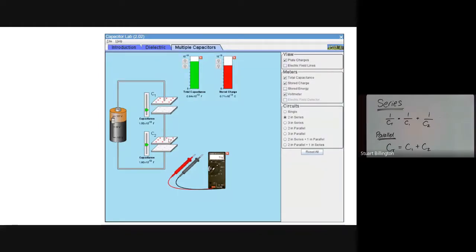They're not a new set of charge, it's just an existing set that's just moved to a different place. And then you can take the voltmeter and attach it to either side of the capacitor, and it'll tell you what the voltage is.